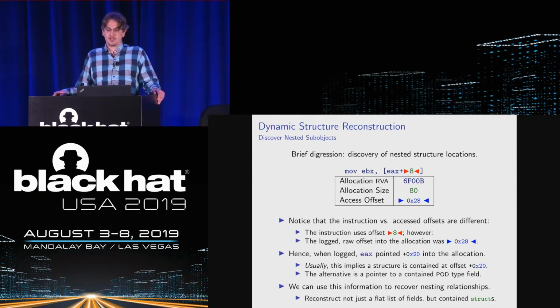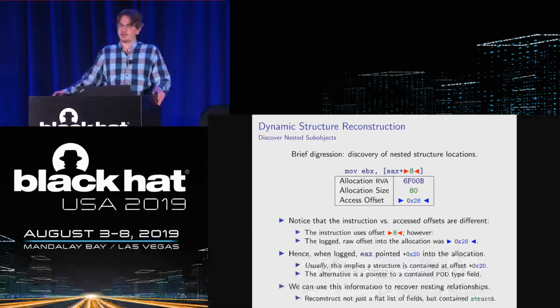The only way that's possible is if at the time that we log this data, EAX was pointing to plus 20 hexadecimal into that particular allocation site. That means the program is passing around pointers plus 20 hexadecimal into that allocation, and what that means in brief is that there's a structure that begins at plus 20 hexadecimal. So we can use this information to recover nested structures, not just a flat list of fields.